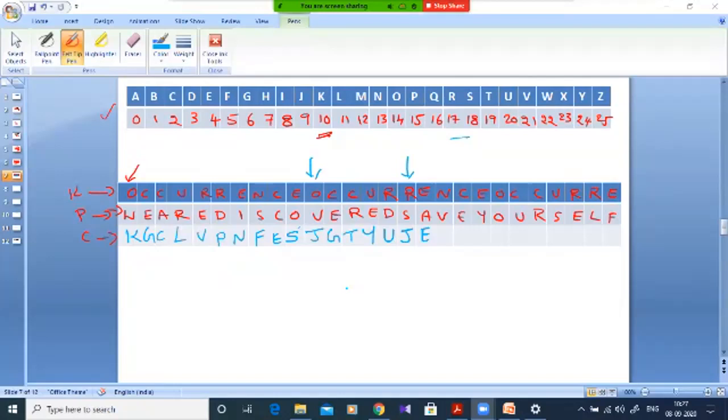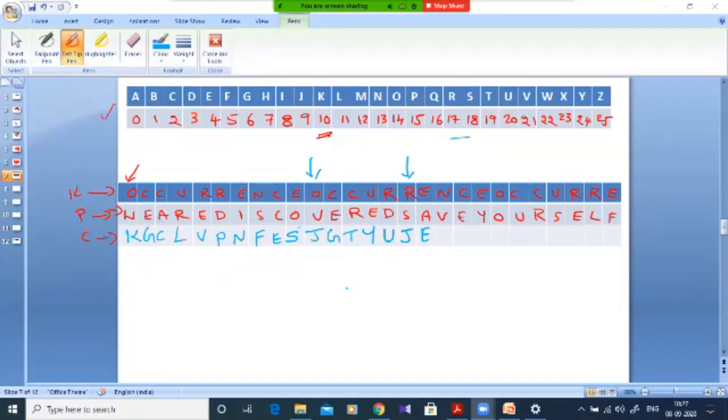The key here will be like this, on the plain text I'm giving: Attack will be on December 11. So this is the plain text.